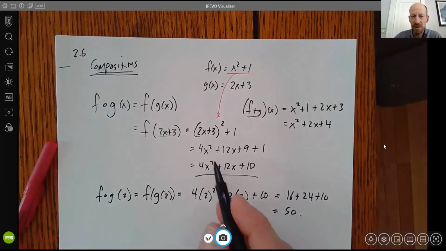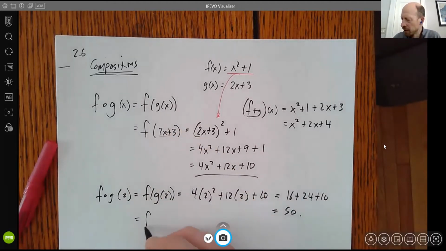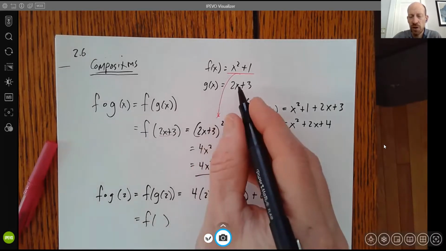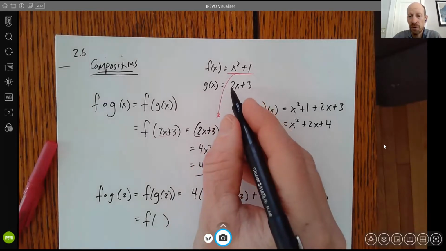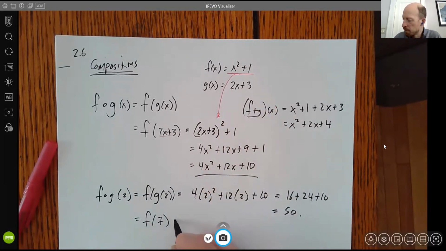Now, if I hadn't already gone through this work to do the formula, it turns out it's just as easy to take the 2 and go through the steps, right? The steps say I start with g of 2. g of 2 is going to be 2 times 2, which is 4, plus 3, that's 7. And this is a good illustration of how compositions work. 2 is what I'm putting into the function, but the 2 only goes into the g.